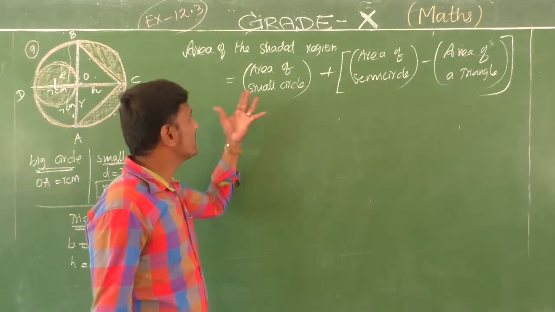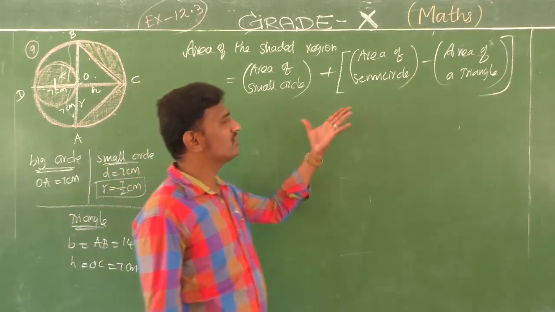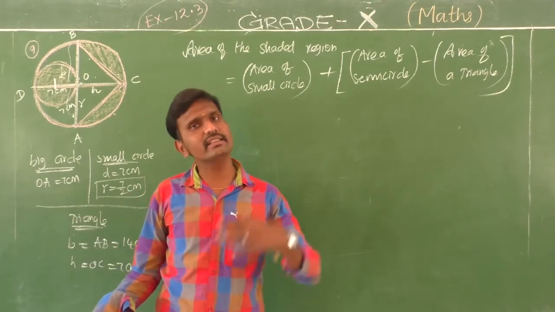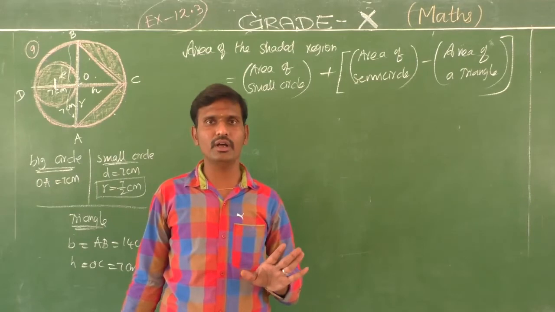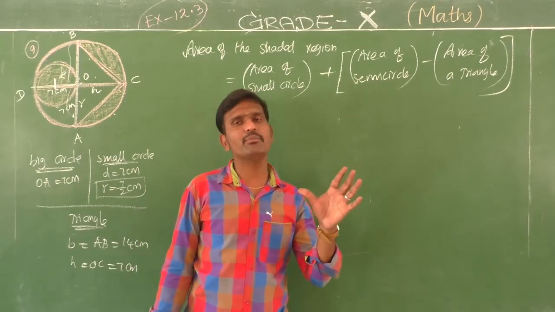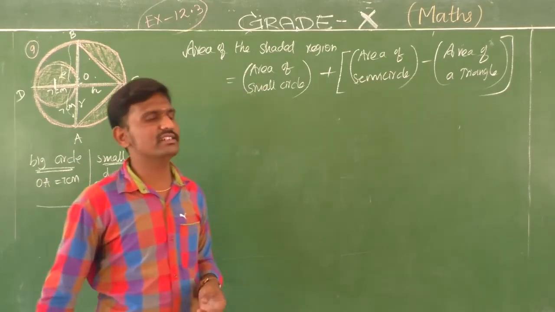If you have a doubt whether to first take the area of the small circle and the area of the semicircle, then the area of the triangle individually to find the answer and then substitute, it's not a problem. If you want to take each individual shape's area and then finally substitute, it's not a problem.